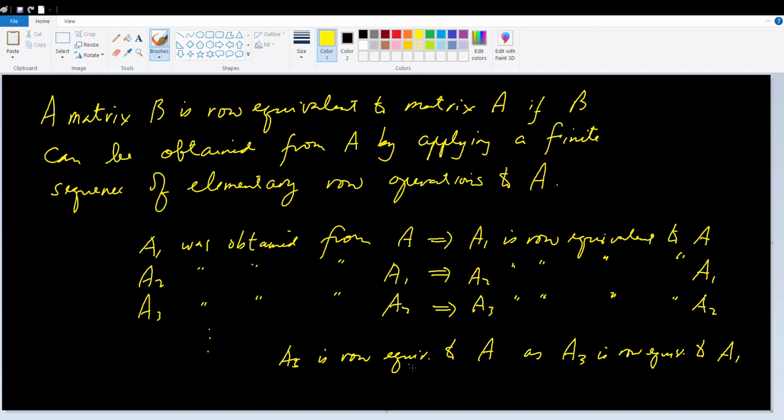So all the A sub i's are row equivalent to each other. Again, we say that a matrix B is row equivalent to another matrix A if that matrix B can be obtained from A by applying a finite sequence of elementary row operations to A.